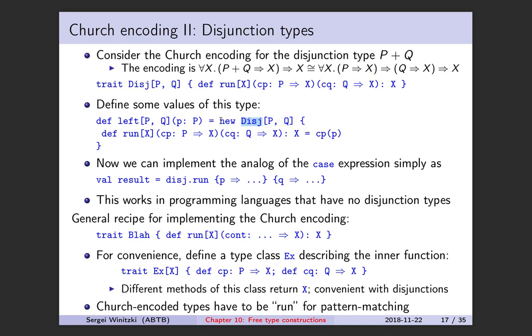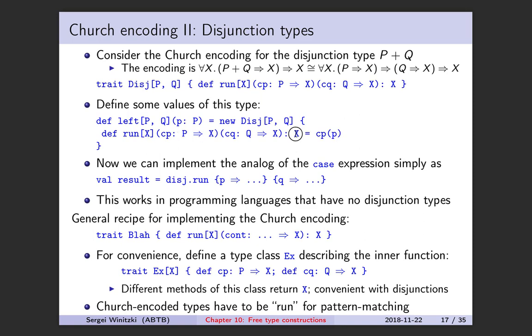So in Scala, this would be creating a new anonymous class by extending this trait and implementing the method run. So this is Scala's boilerplate for hiding the universal quantifier. But then we just need to implement this function, which is easy.